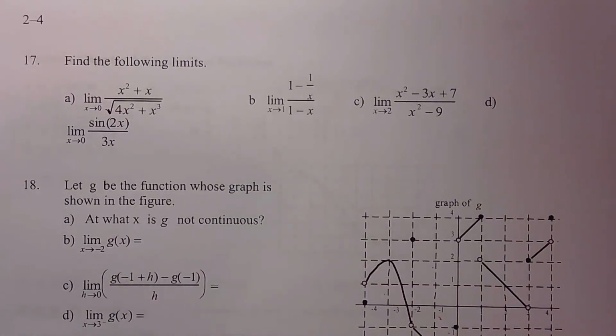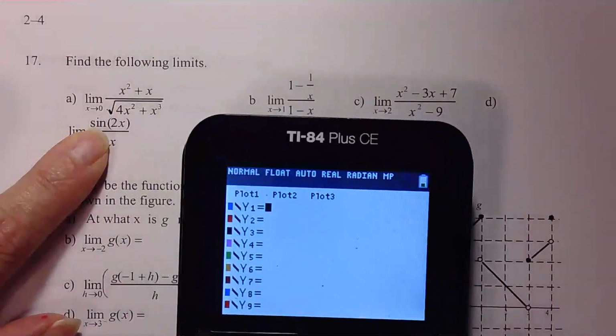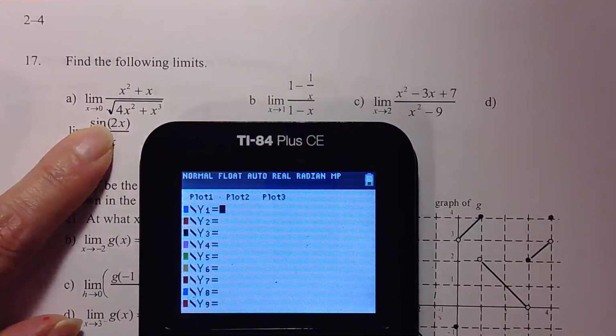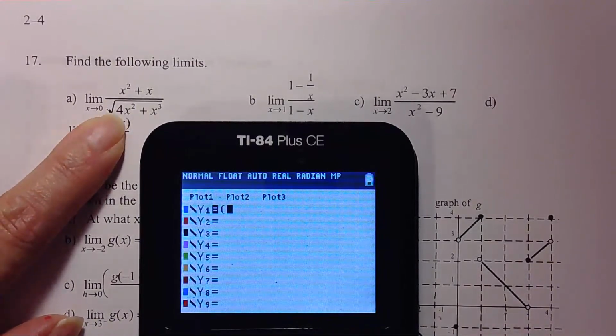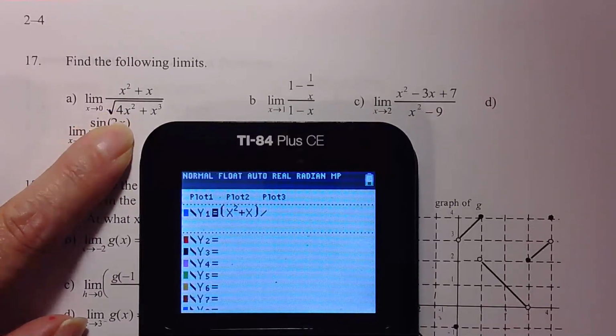So I'm going to clear out my y equals, because you're going to want to see the graphs of these limits, all right? And I'm going to show you how I put them into the calculator. So for the first one, everything in the numerator needs to be in parentheses. X squared plus x. Close the parentheses. Divided by, and then parentheses, square root of 4x squared plus x cubed.